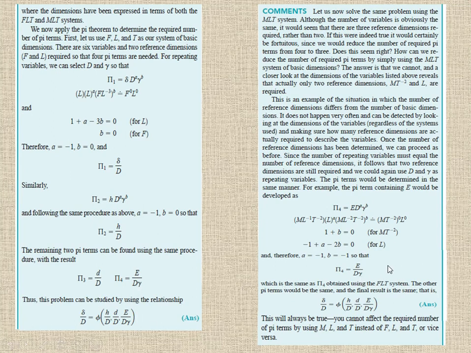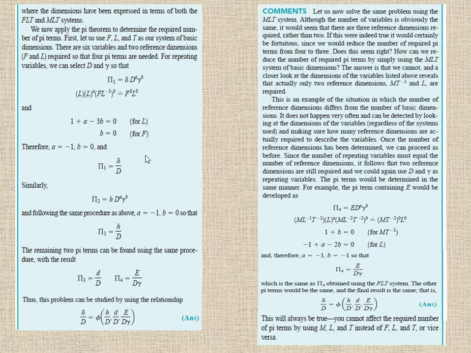So that means by using this technique the total number of pi terms remains the same, and the value and the combination of each pi term is also the same. Okay, so this is basically the outcome of this problem.